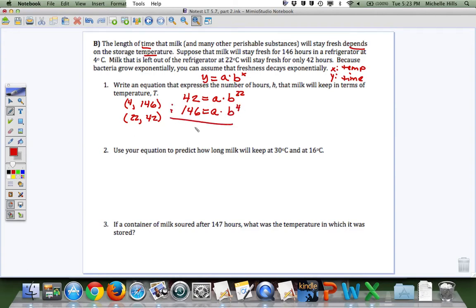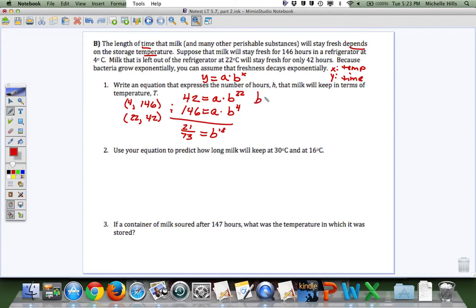And I'm going to divide these two. So 42 divided by 146, I don't want to round that yet because it is a rational number. I can just reduce that fraction to 21 over 73 equals, the a's would cancel, b to the 22nd divided by b to the 4th is b to the 18th.